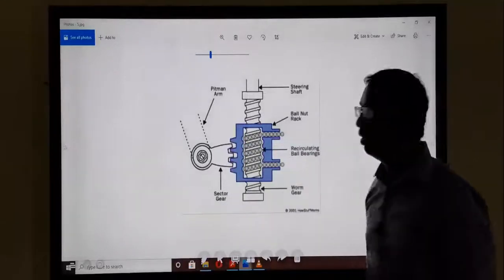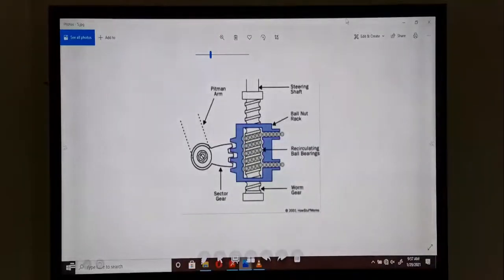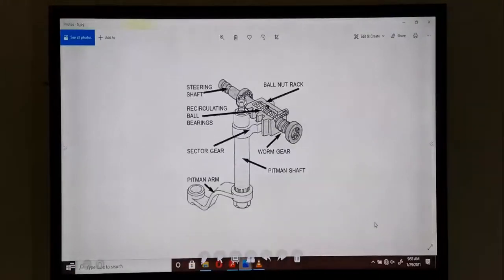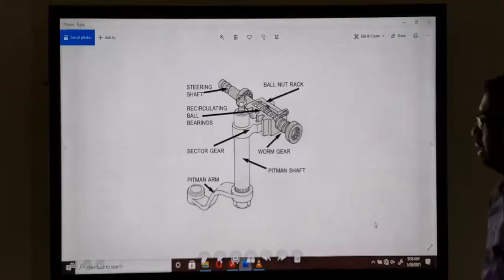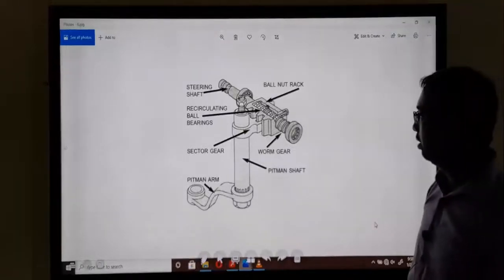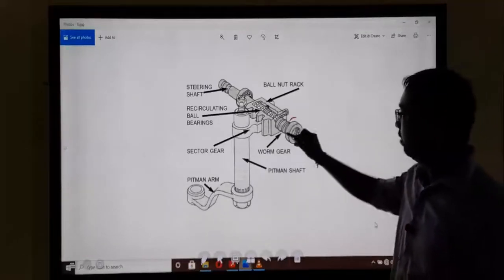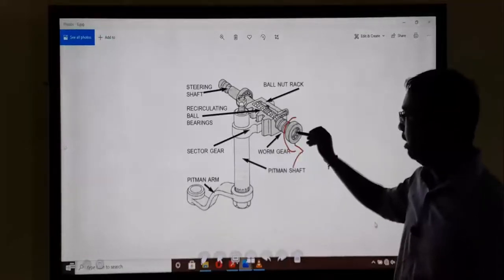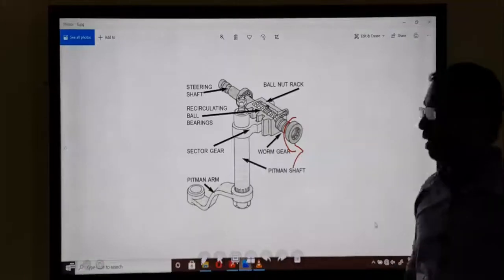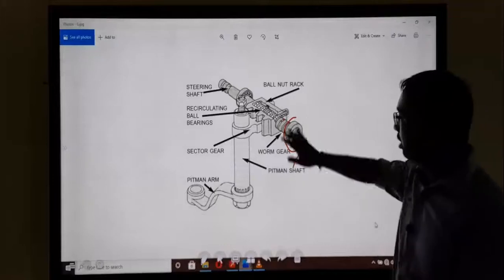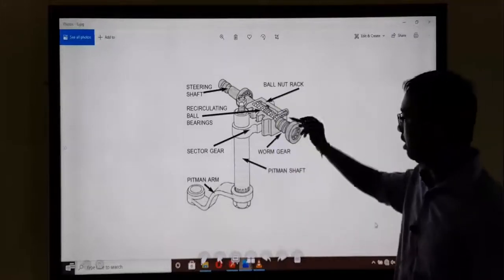So here you already know the pitman arm. Here you can see clearly. When this shaft rotates, this is the worm gear, with some threads.